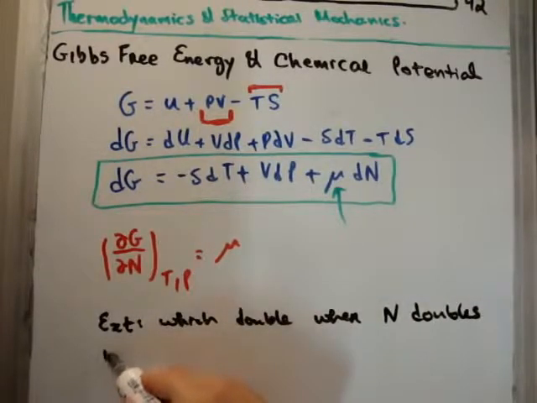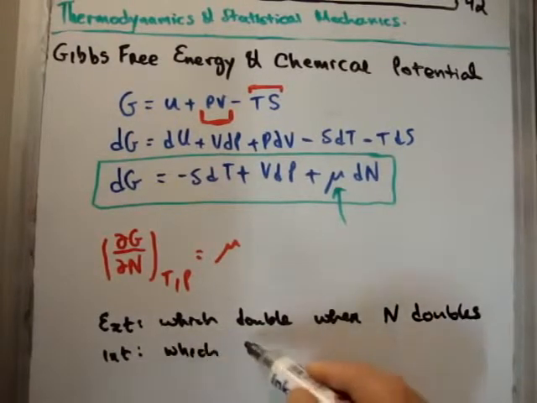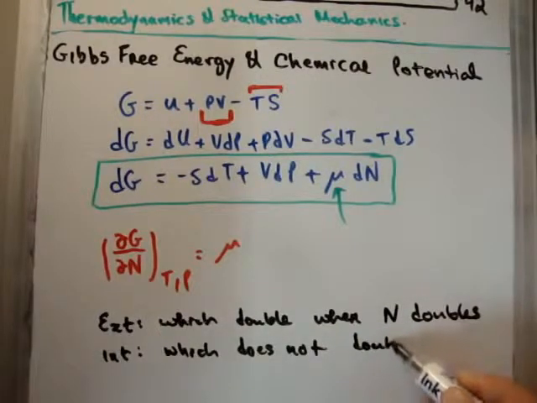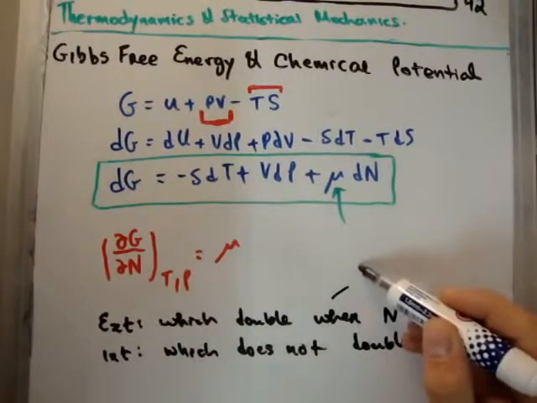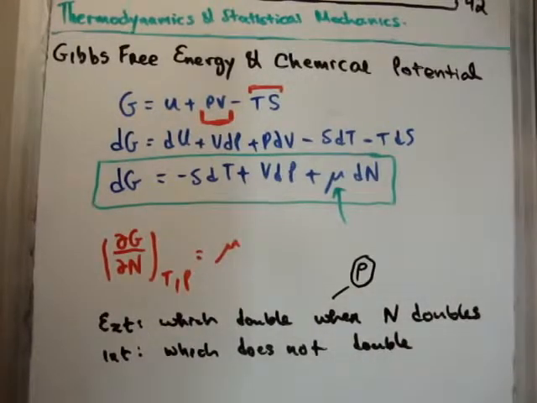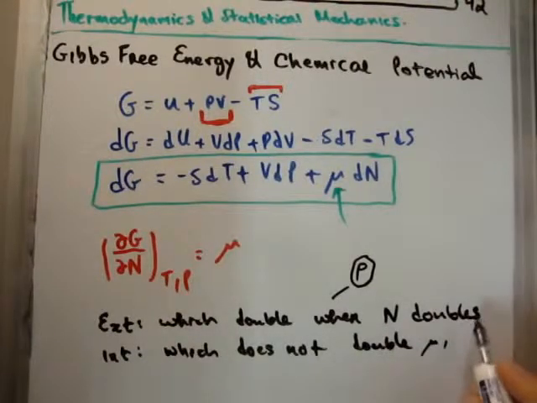An intensive property is one which does not double when you double the number of particles. Typical extensive properties we had were volume. But intensive properties we had things like the chemical potential, the temperature, and so on. So just look at my previous video if you want to look at this.